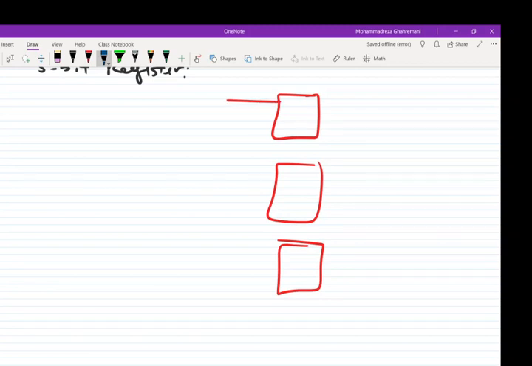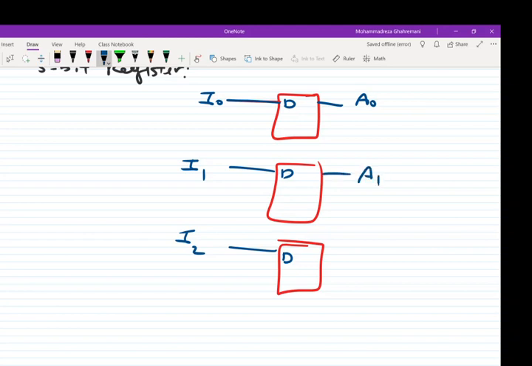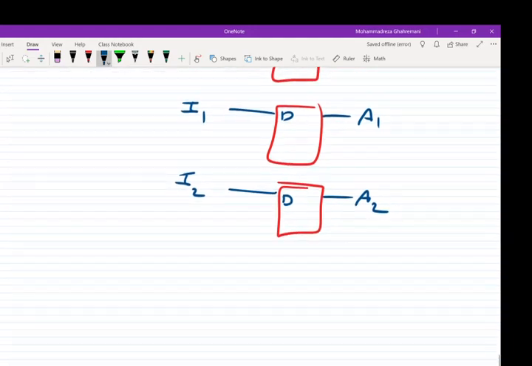Information I0, I1, and I2 are connected to these 3 D flip-flops, and the outputs of these flip-flops are called A0, A1, and A2.